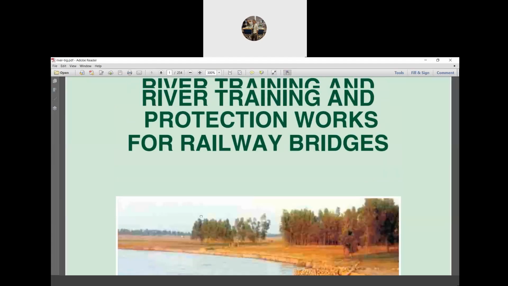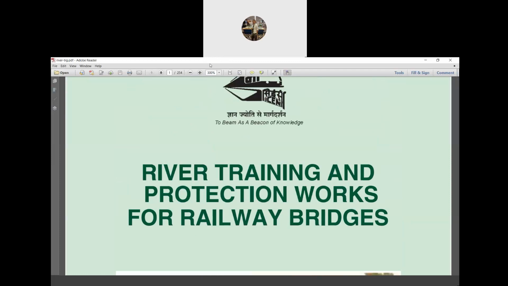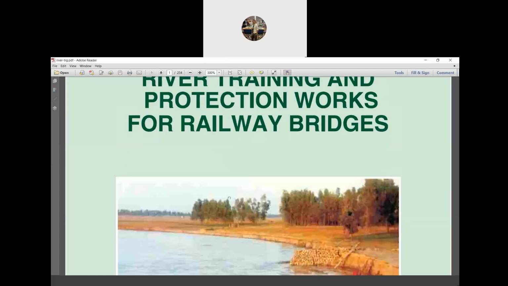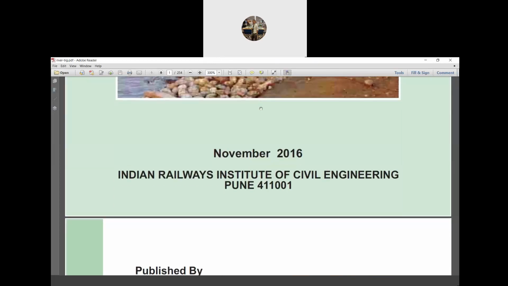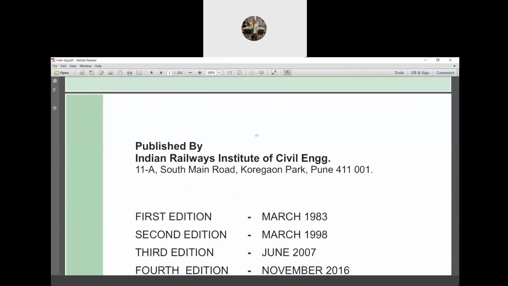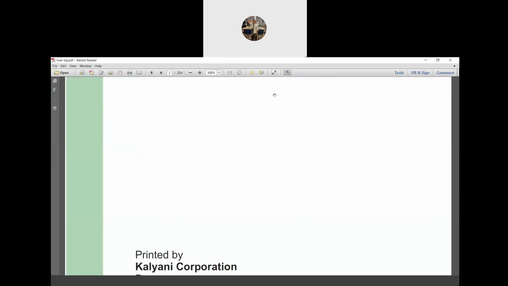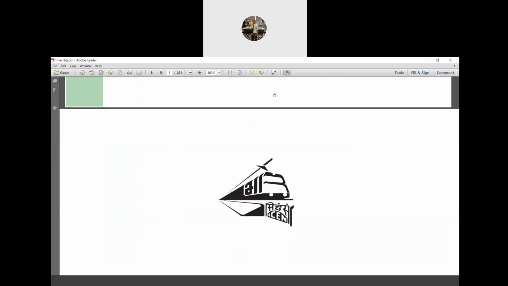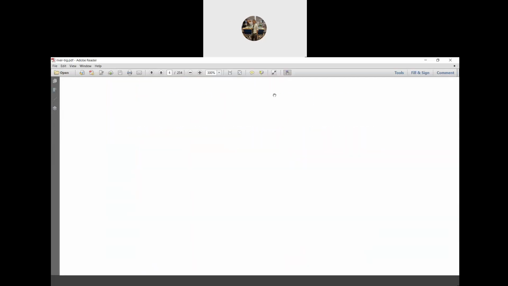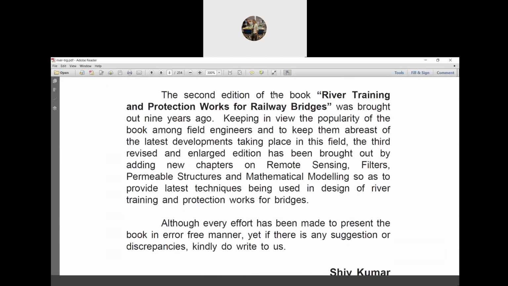So this book that I shared yesterday is a very good book, and you can buy it. It's only something like 90 rupees. It was published in 2016. So it's 90 rupees only. You can buy this, or you can just take a print of the PDF. Where is the section?